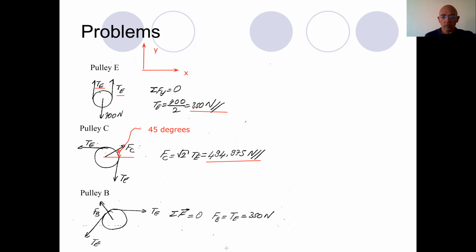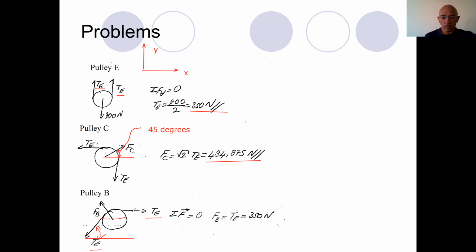Now let's continue to follow the cable. Next, it passes through the pulley B. Again, the tension in the cable is constant. It is TE. So we have one force here, and the other TE is here. So remember that this angle is 60 degrees.